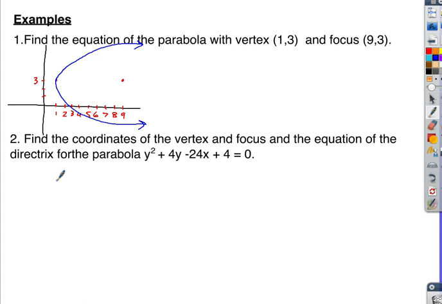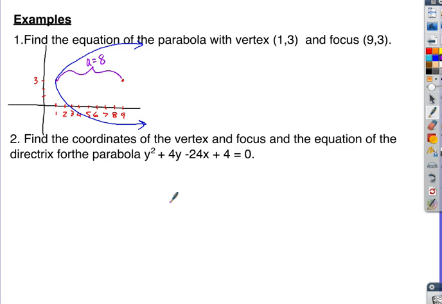Now because you've got the vertex and the focus there, you can see clearly what that distance is. That's the focal length, and it equals 8.